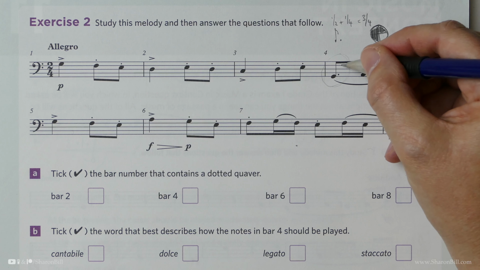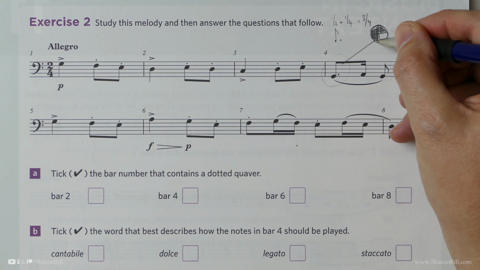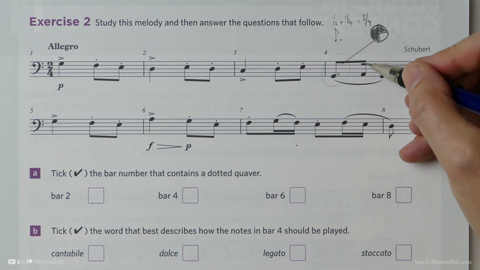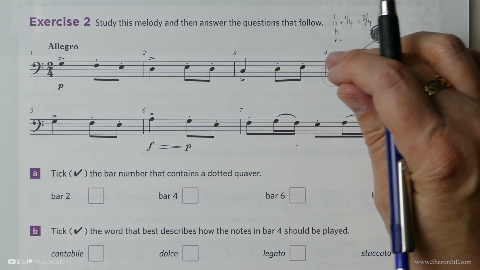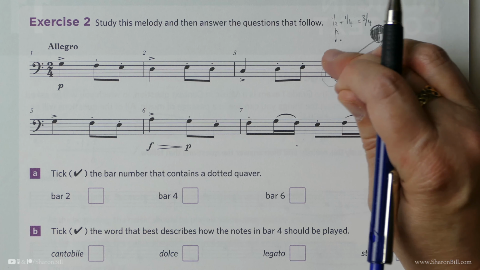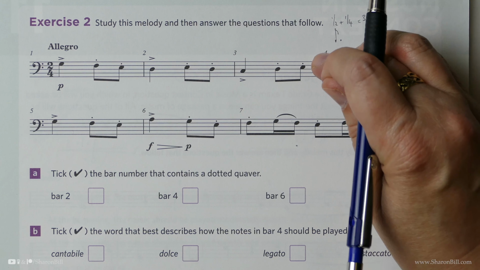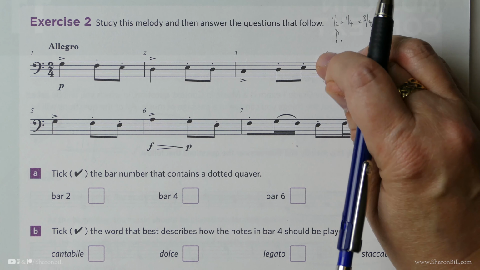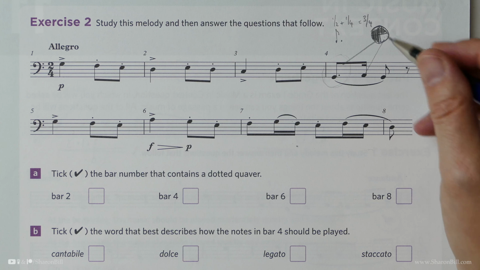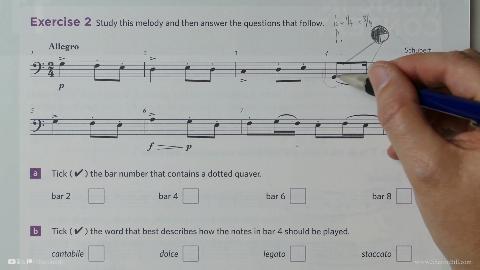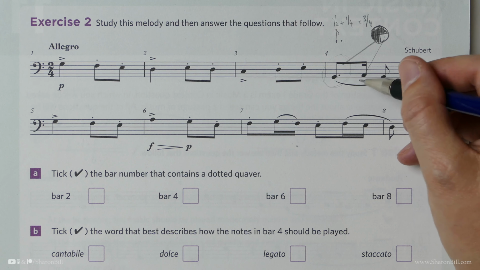And we can see now that the dotted quaver is worth 3/4 of a beat, leaving just 1/4 of a beat left for the semi-quaver. And so instead of being equal halves, it's a dotted one. We get that sort of dotted bouncy rhythm because it's unequal. It's slightly longer and shorter rather than two equal halves.